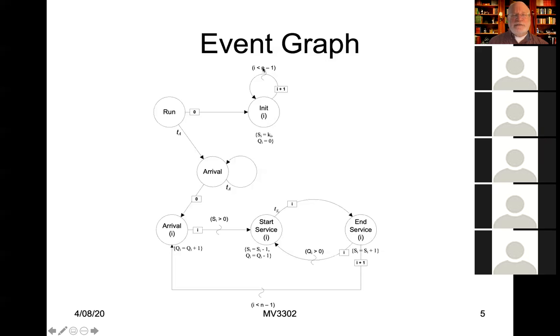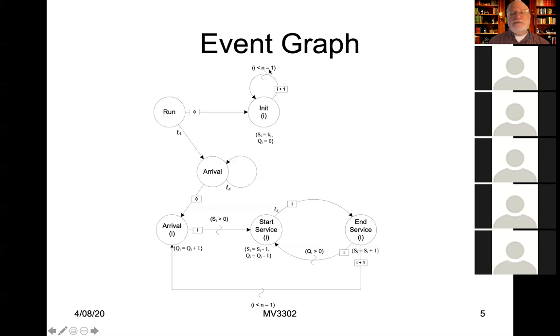Again, n is 3, so 3 minus 1 is 2. Is 1 less than 2? Yes, it is. So we schedule init 2. And when that occurs, S2 is initialized to K2, and Q2 is initialized to 0. Now we look at our Boolean condition, I is 2, n-1 is 2.